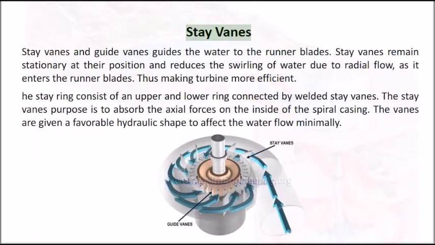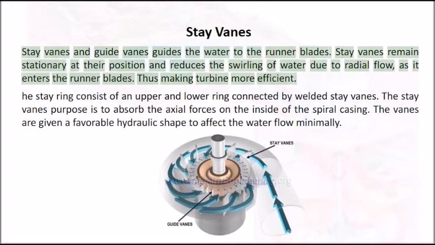Stay vanes. Stay vanes and guide vanes guide the water to the runner blades. Stay vanes remain stationary at their position and reduce the swirling of water due to radial flow as it enters the runner blades, thus making the turbine more efficient.